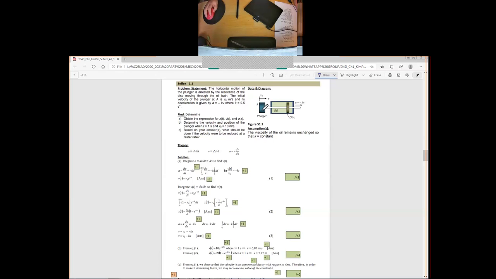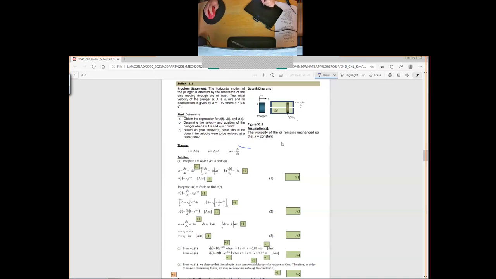Without looking at the question, we can see the system. The piston moves to the right with, apa ni? With a variable value of A. So in this question, there will involve some differentiation or integration, but mostly integration. And kalau dia bagi acceleration A, takkan you nak differentiate lagi.